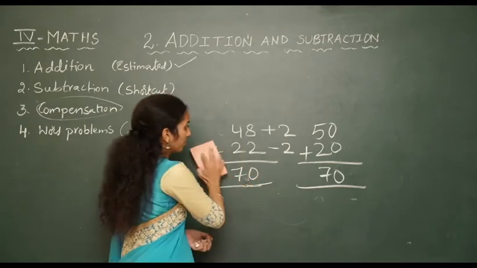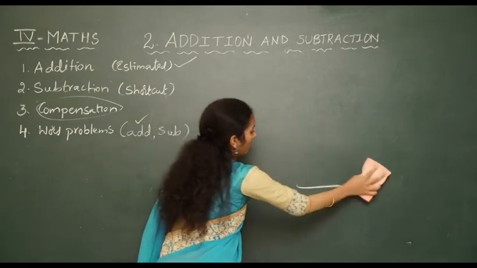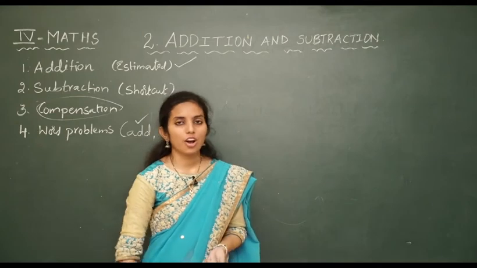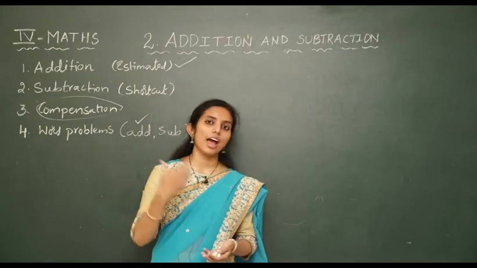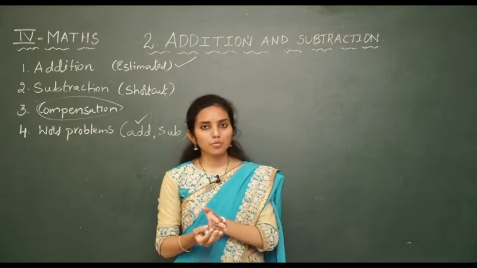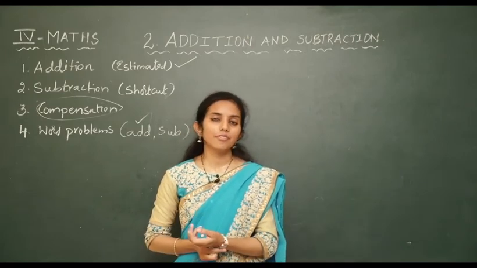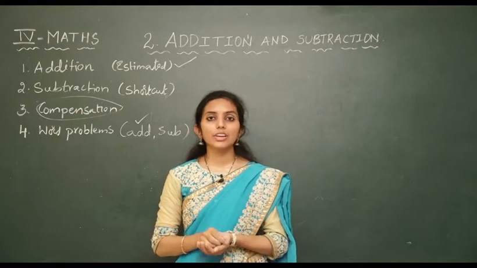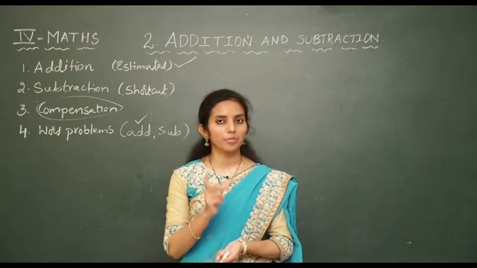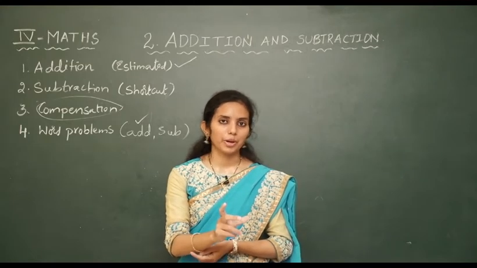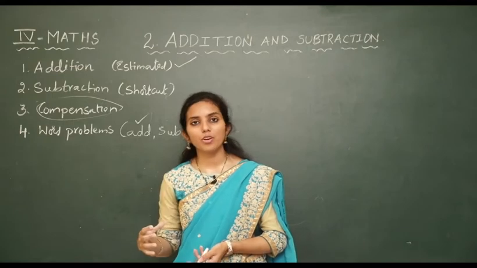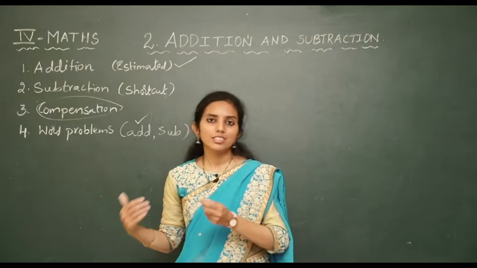For example, for the number which is close to a round figure, we have to observe how much we must deduct or add to make it the nearest round figure, and we add or subtract that much from one number given to us for addition, and the same amount has to be subtracted from the second number.